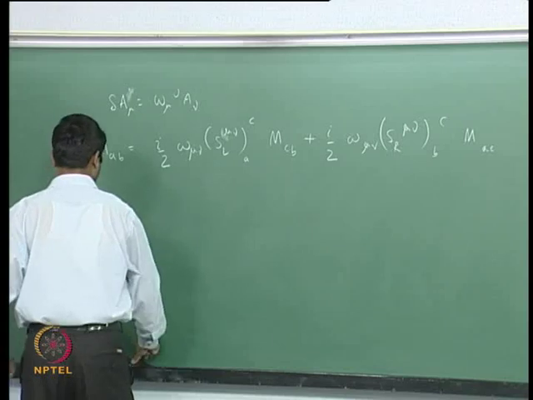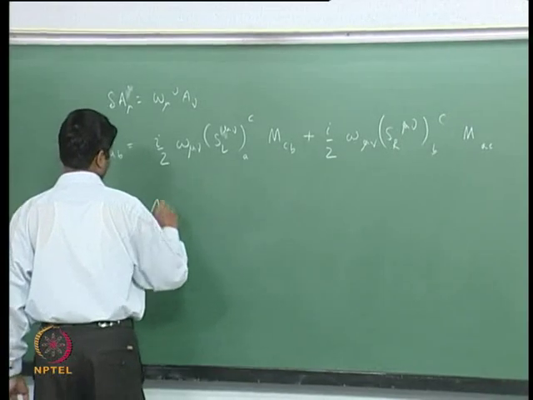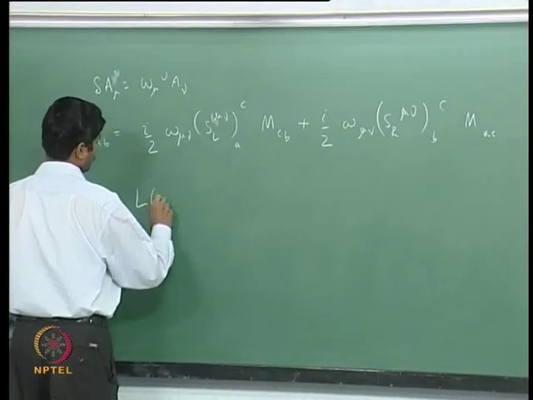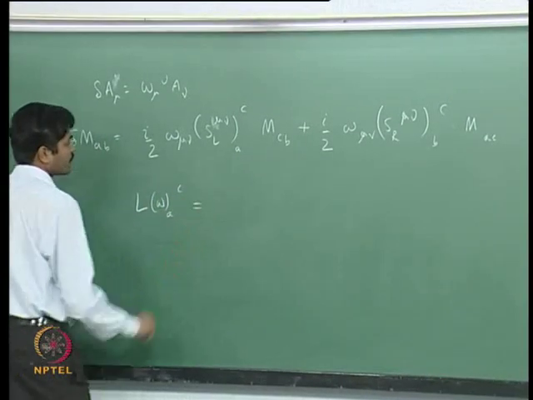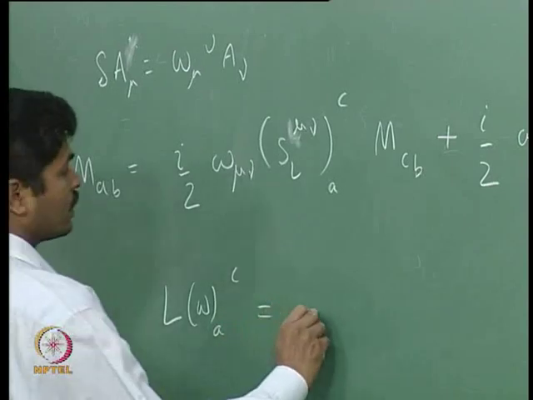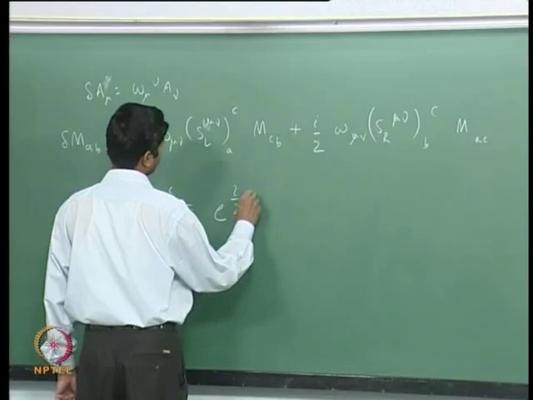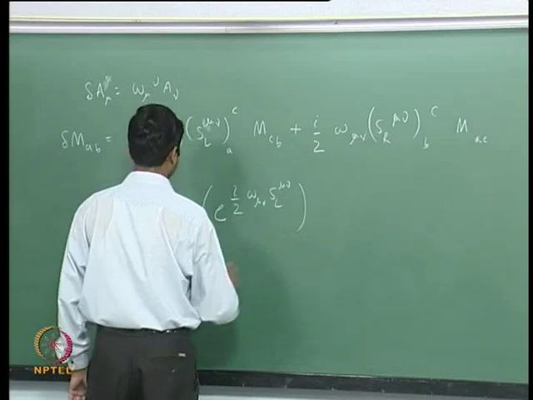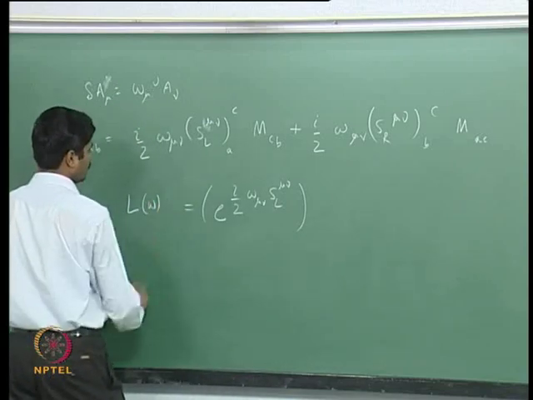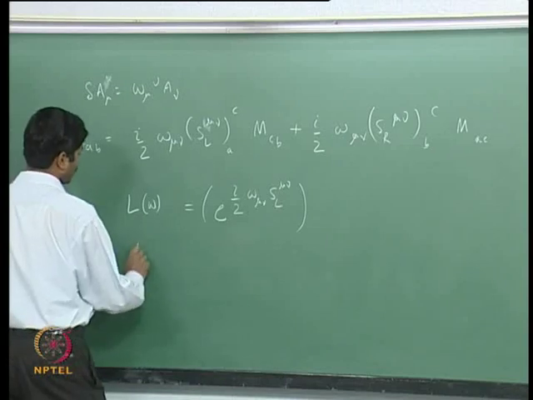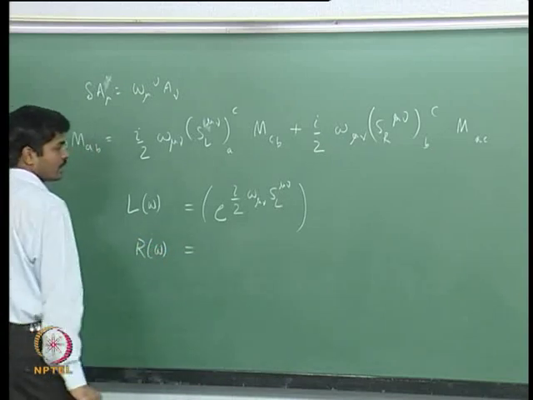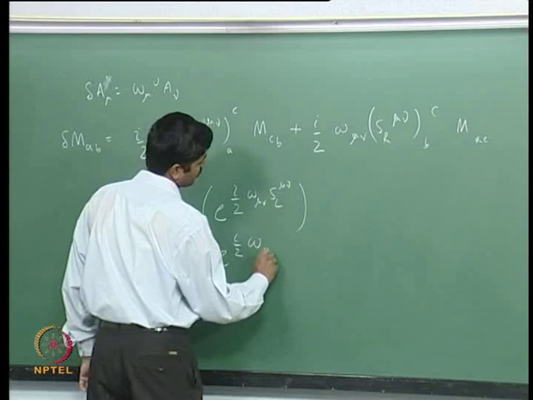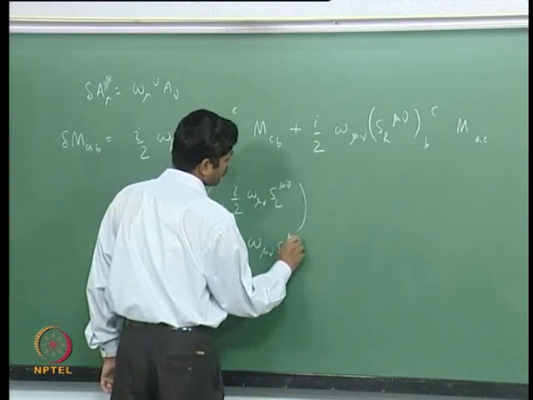If I define this matrix lambda, or I will call it L of omega AC, it is nothing but e to the power I over 2 omega mu nu S L mu nu, and I will call R of omega to be e to the power I over 2 omega mu nu S R mu nu.